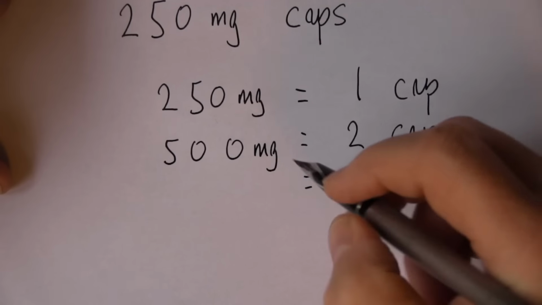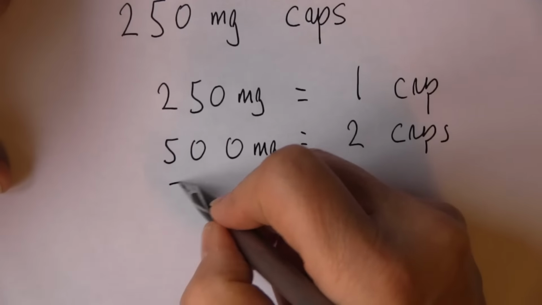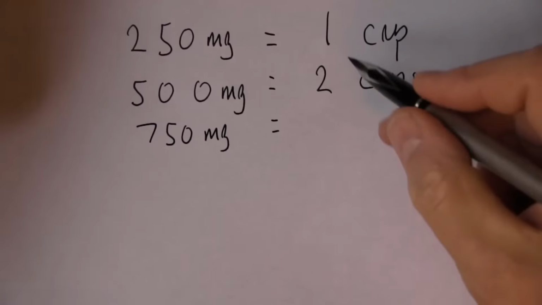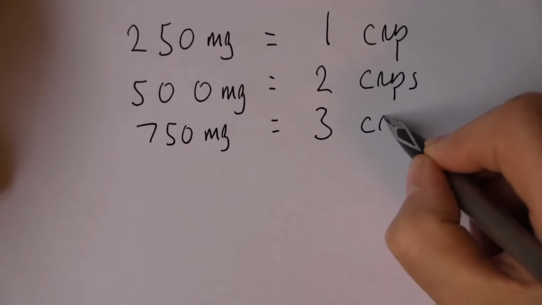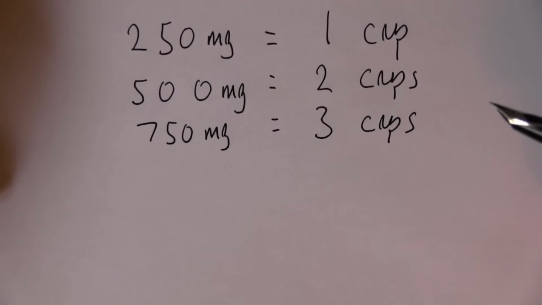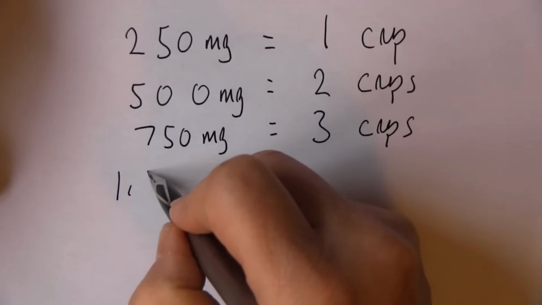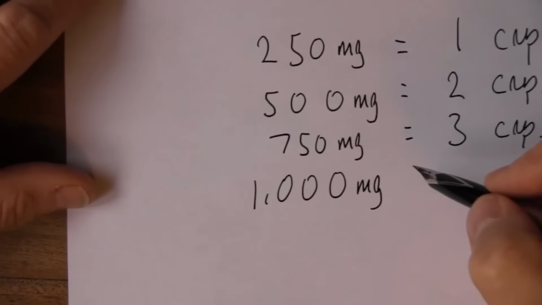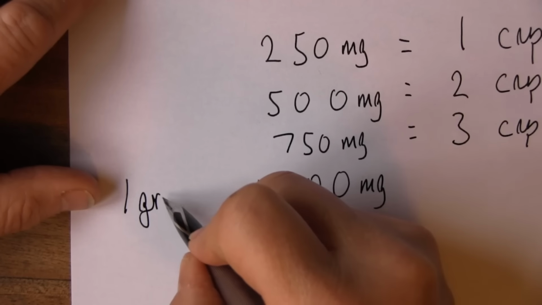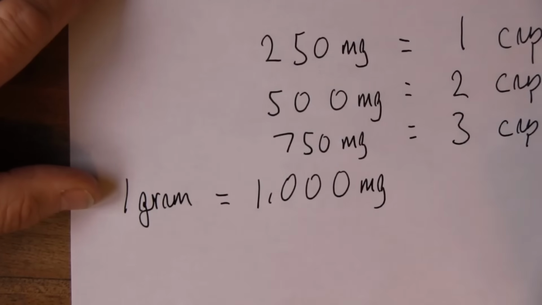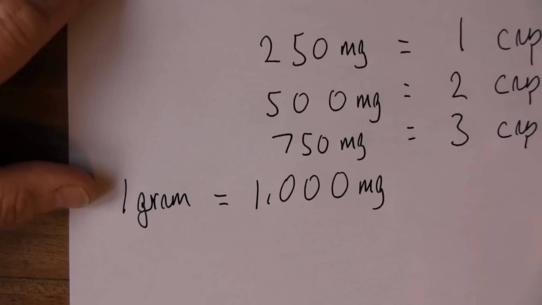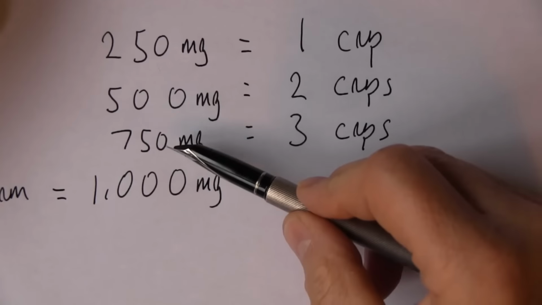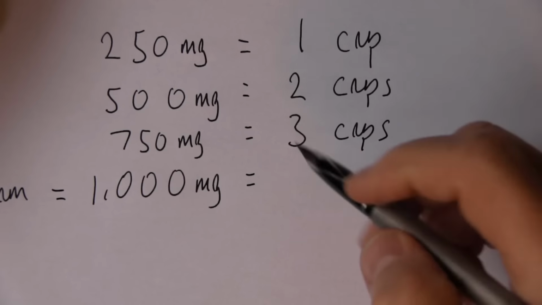Then if you wanted to give the dose higher, 250, 500, 750, that would be 1, 2, 3 capsules. Then if you wanted to give 1,000 milligrams, and of course that is 1 gram, 1 gram is 1,000 milligrams, that would be 250, 500, 750, 1,000, 1, 2, 3, 4.